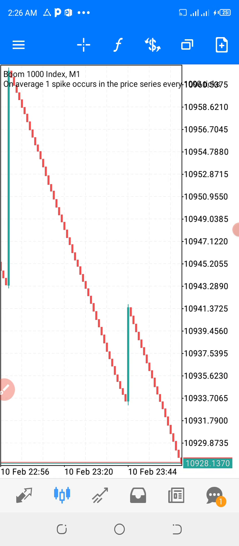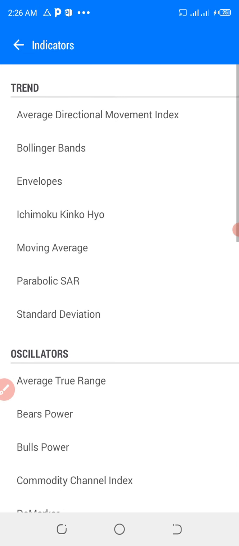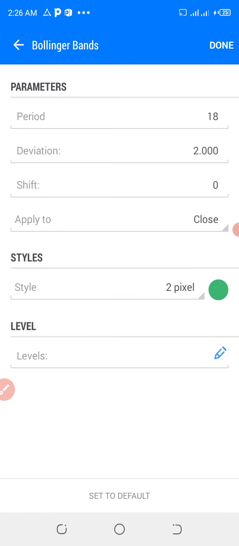So let's go to our indicator window. The first indicator is Bollinger Bands. The period is supposed to be 18 and deviation 2.00, shift 0, apply to close. The reason it's already like this is because this indicator has been set on my chart.